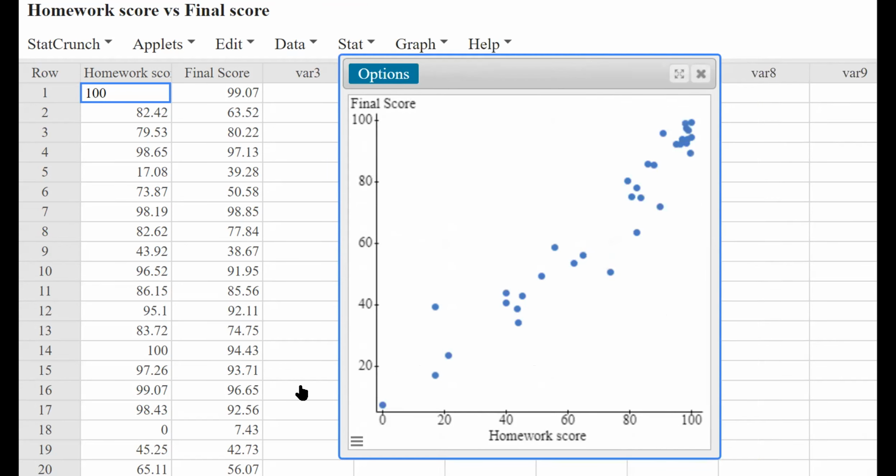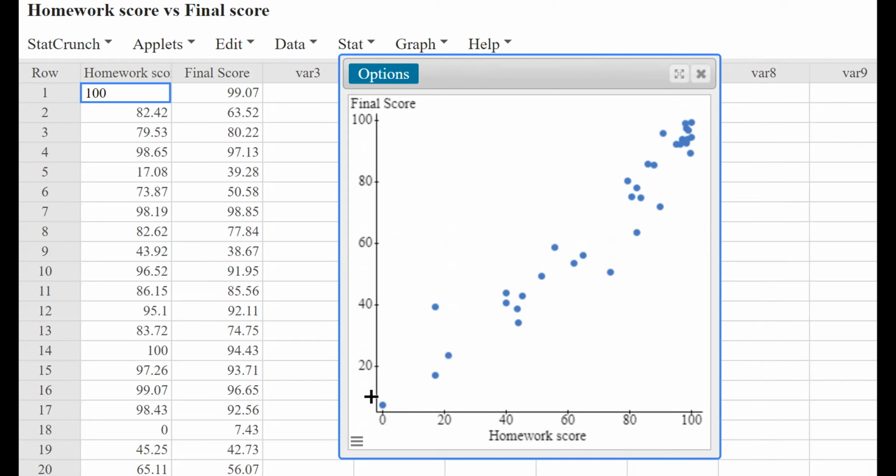Look at this correlation. Okay, there are some points that are off. For example, this person still didn't pass the class, but his homework score was less than 20, and his final score was below 40, actually 39.28.